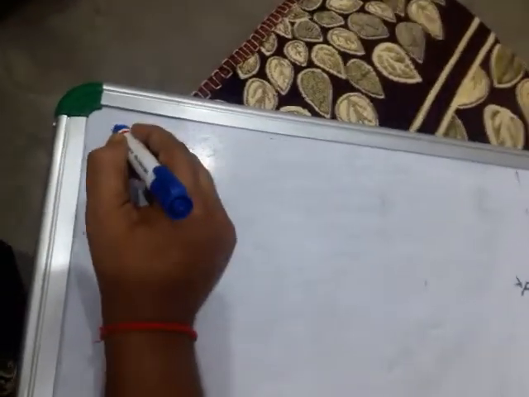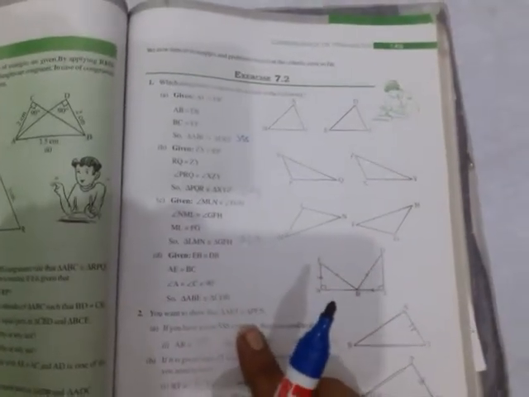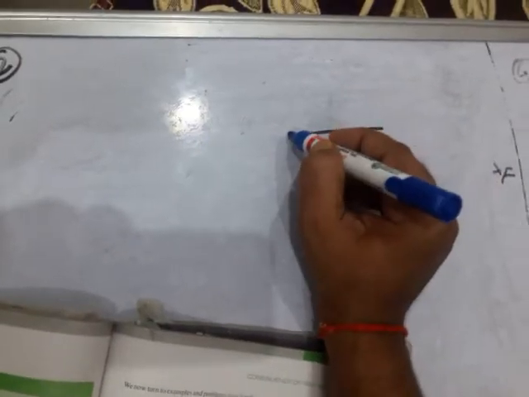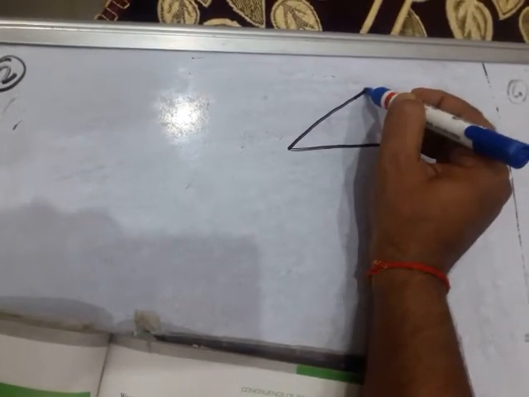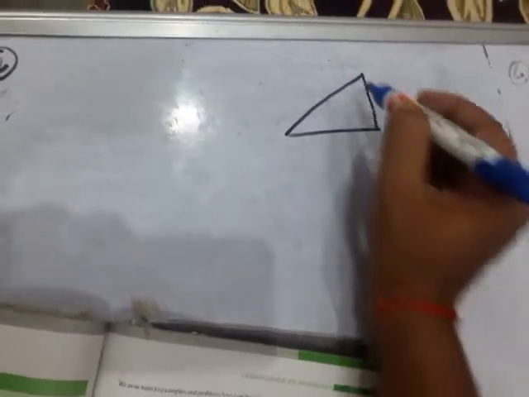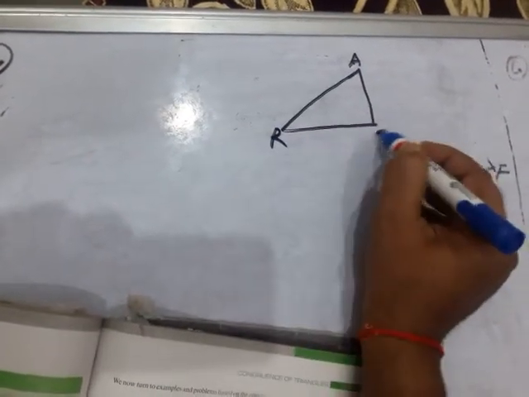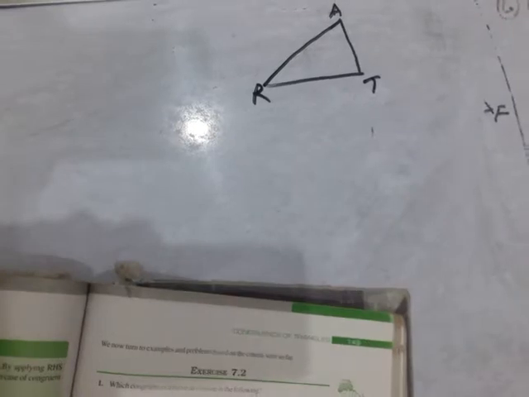What is question number 2, children? Question number 2 states that you want to show that triangle ART is congruent to triangle PEN. First draw the figure. Triangle ART, it is given to be like this. Triangle ART. It is given.